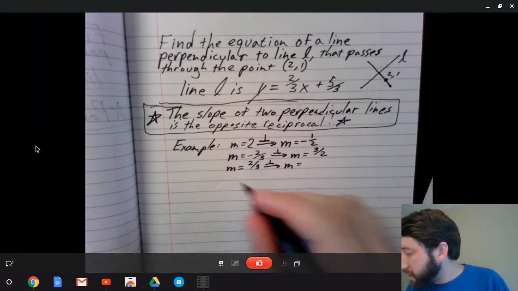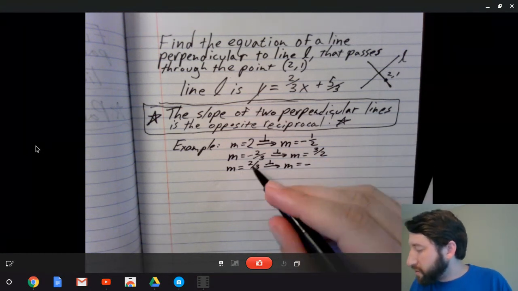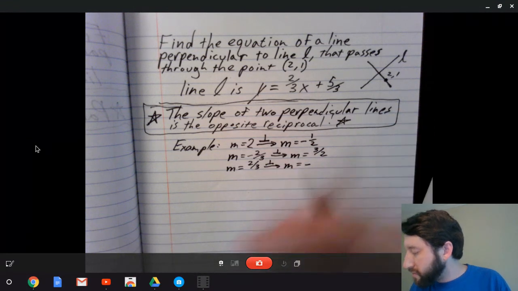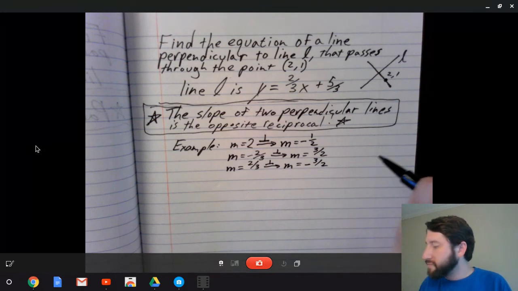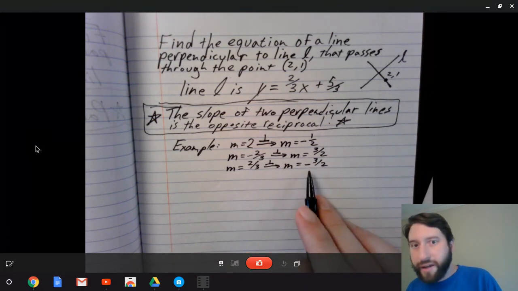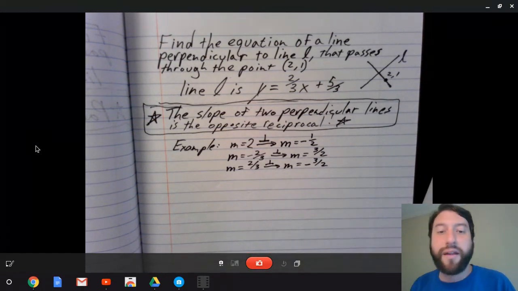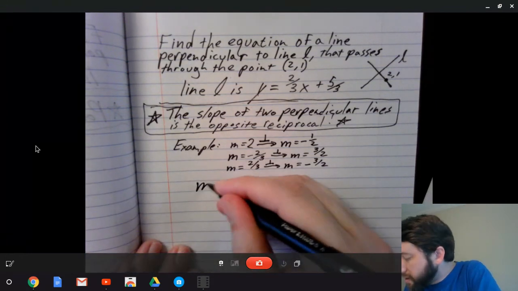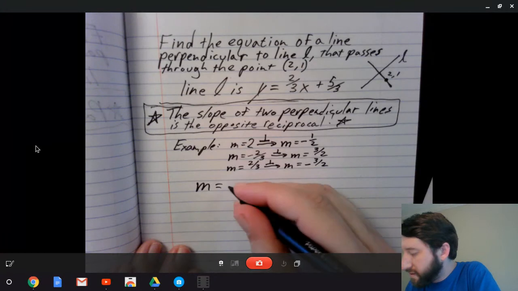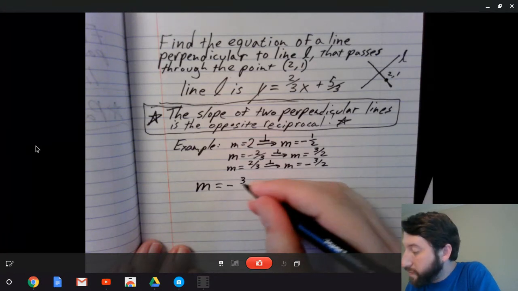The opposite of positive is negative, and if I take the reciprocal of 2/3, that means flip it over, I have 3/2. So 2/3 will become negative 3/2. That's the slope that I'm going to work with. So m equals negative 3/2.